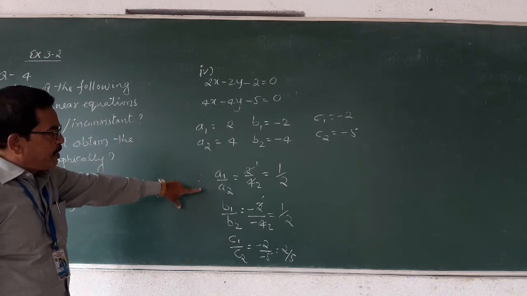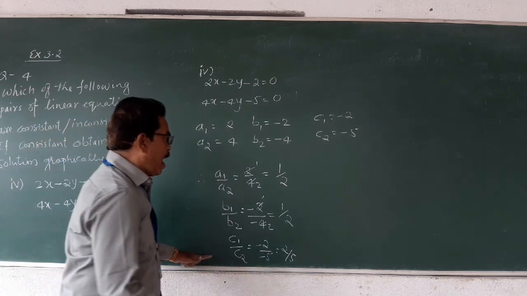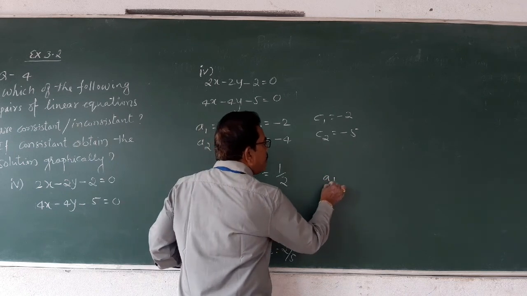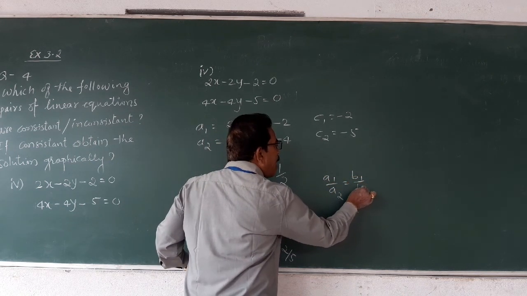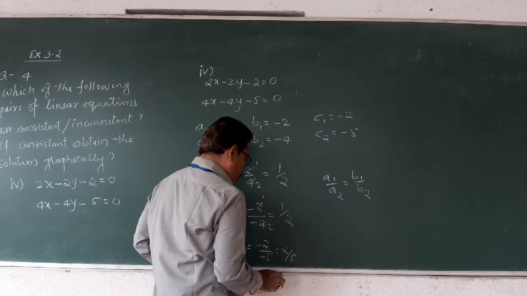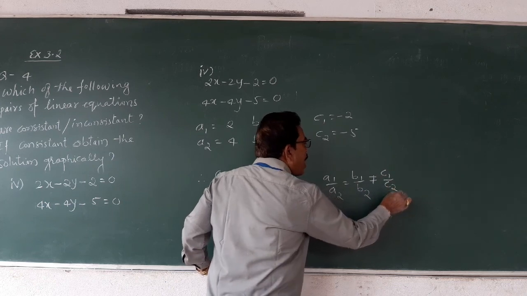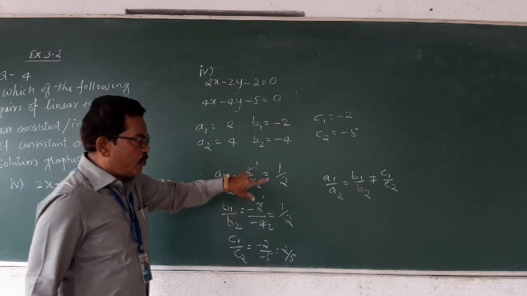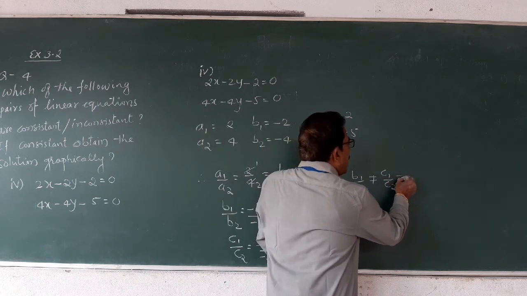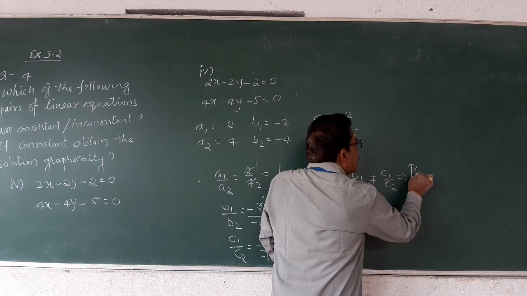After observing the values obtained by these ratios, we have a1 by a2 equals b1 by b2, which is not equal to c1 by c2. This type of ratio represents parallel lines.